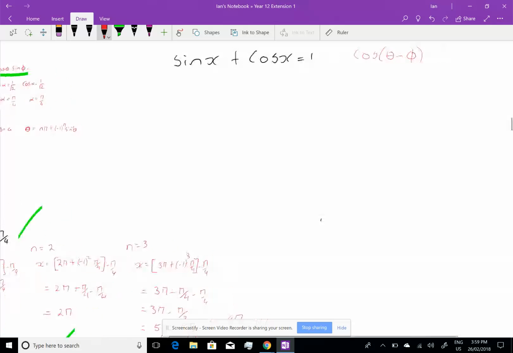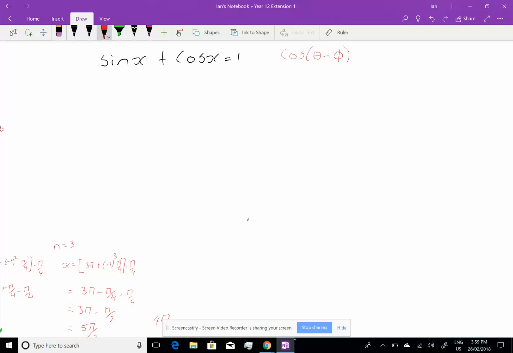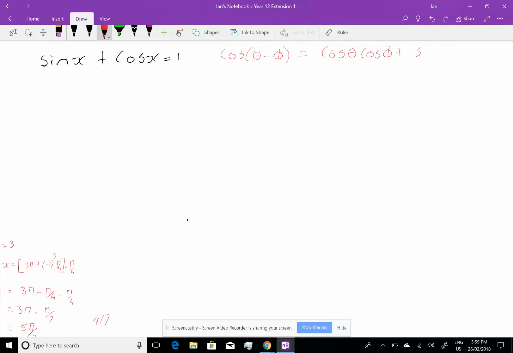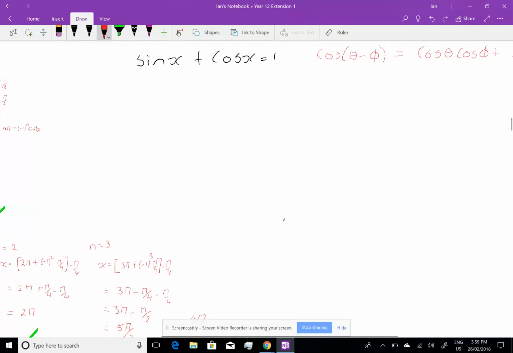Now, it's not on the formula sheet, so if you're going to use this one, you have to be pretty smart, it is cos theta cos phi plus sine theta sine phi. All you've got to do is change the signs.